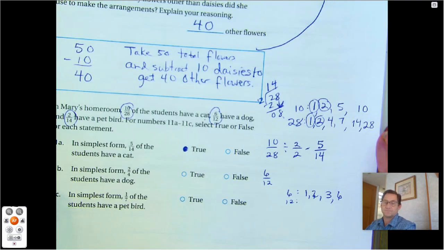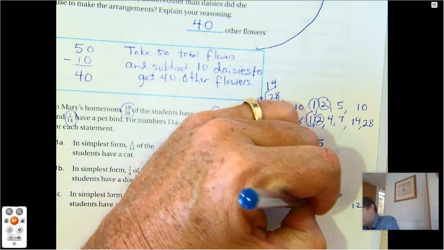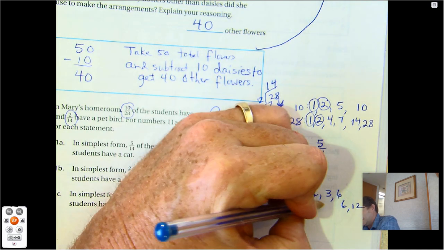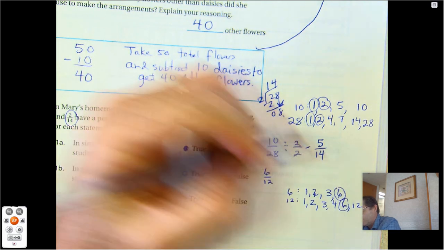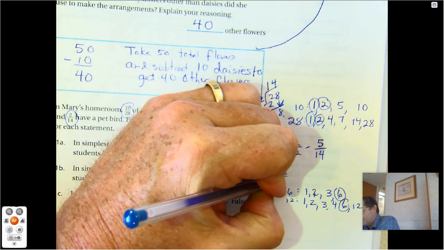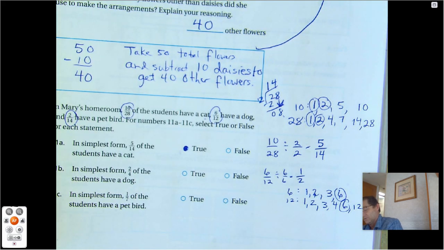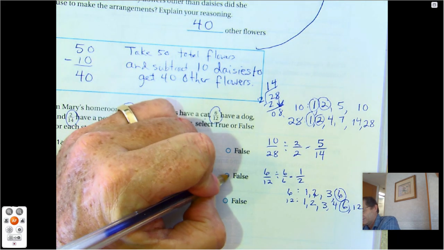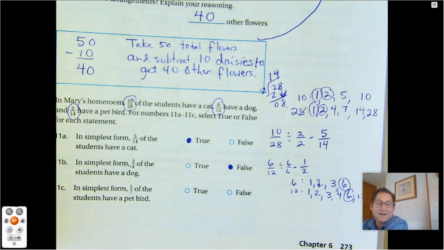And 12 would be 1 and 12, 2 and 6, 3 and 4. So the greatest common factor would be 6. If I divided that, that would be 1/2. So no, simplest form is not 2/4. Simplest form is 1/2.